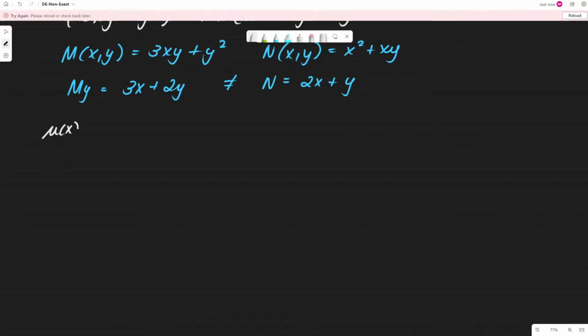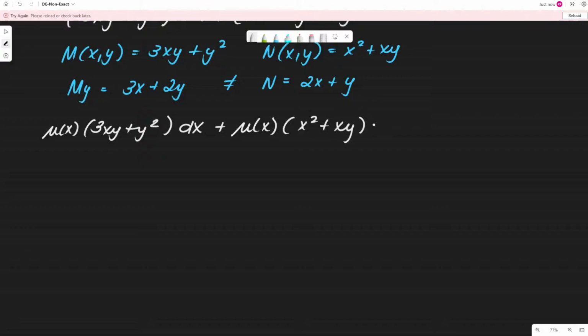So mu of x multiplied to 3xy plus y squared dx plus mu of x times x squared plus xy dy is equal to 0. Now this whole term, since we multiplied mu of x, will be our new M, and this whole term with mu of x will be our new N.